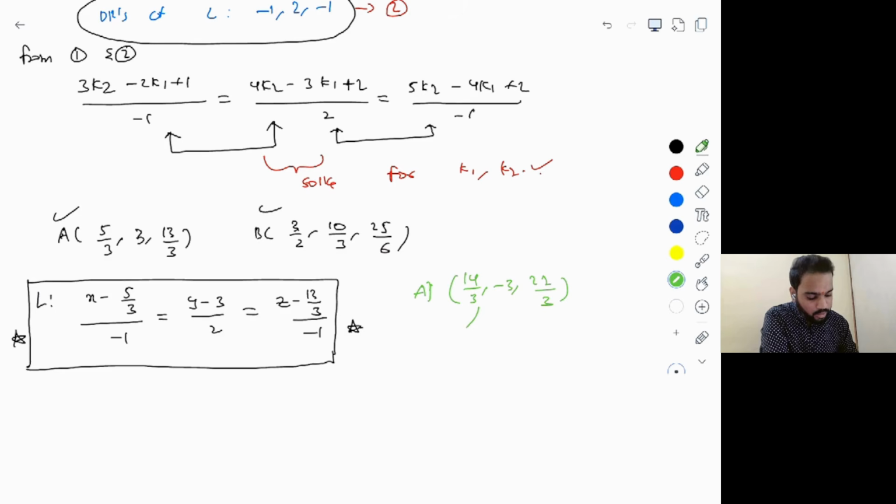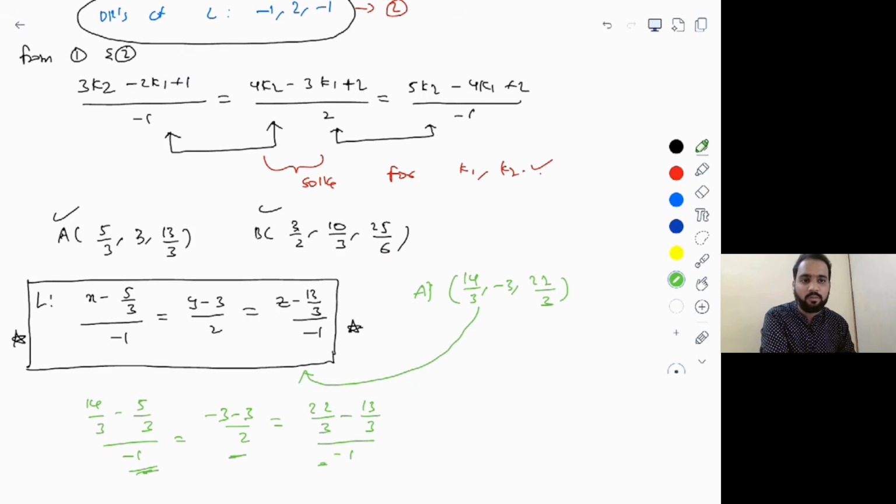What you do is you simply take this point and substitute it here. So if you substitute, what you're going to get is (14 by 3 minus 5 by 3) divided by minus 1 is equal to minus 3 divided by 2 is equal to (22 by 3 minus 13 by 3) divided by minus 1. Now, if all these values turn out to be the same, only then we can say that the point A will be lying on the straight line.